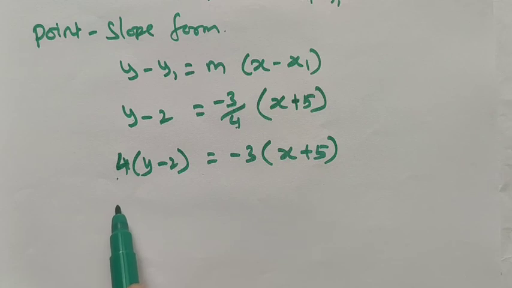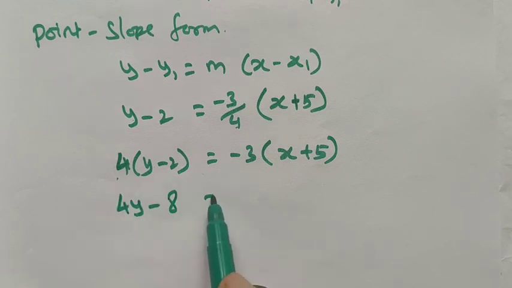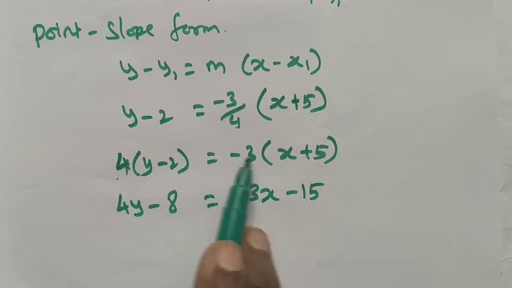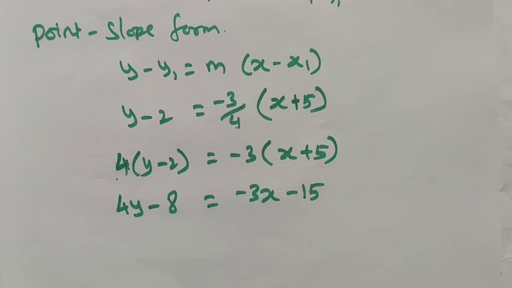Multiply the terms inside. 4y minus 8 is equal to minus 3x minus 15. Minus into plus is minus, 3 fives are 15. Now I take this whole term to the left hand side because here we have x as a negative value. We get 3x plus 15, and already we have plus 4y minus 8 equal to 0.